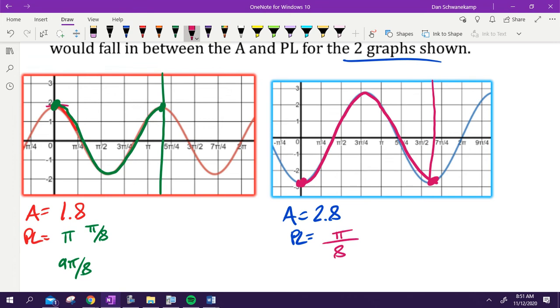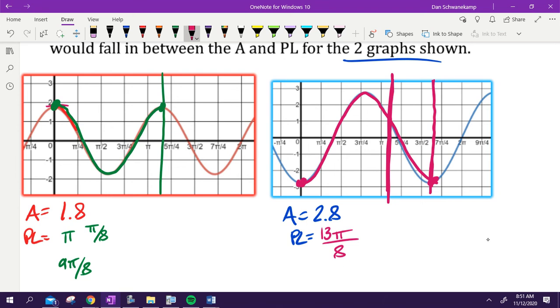So it would be how many pi over 8? Oh, 13 pi over 8. That's all right. That's my answer. So this one is at 3 pi, or whatever that is, and this one was right in about here. So my period length needs to fall into that place somewhere.